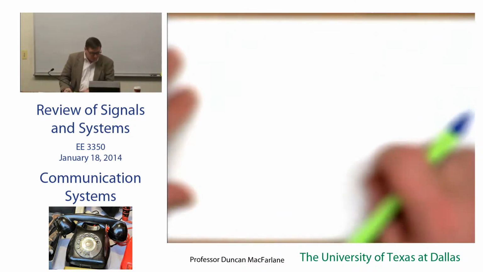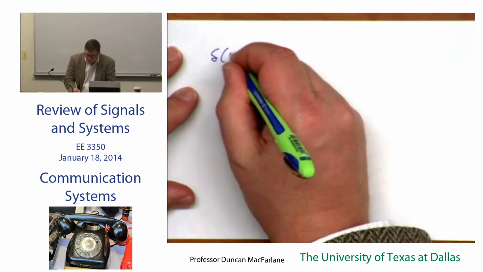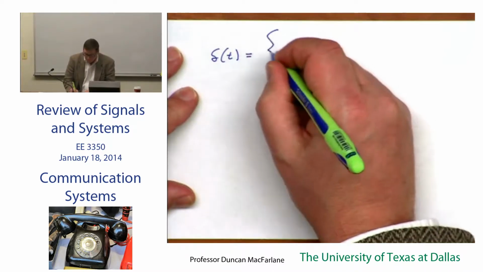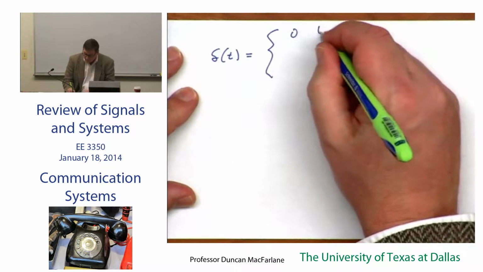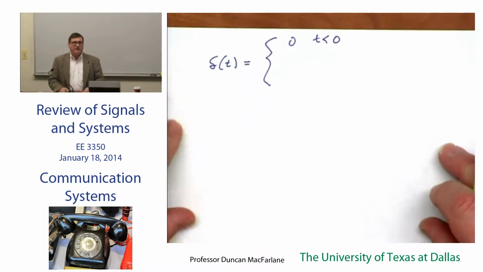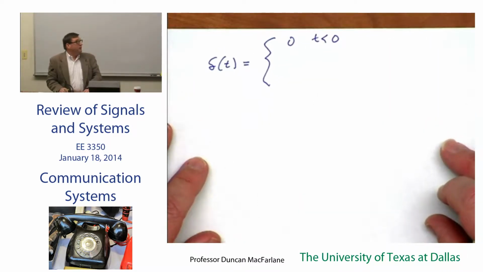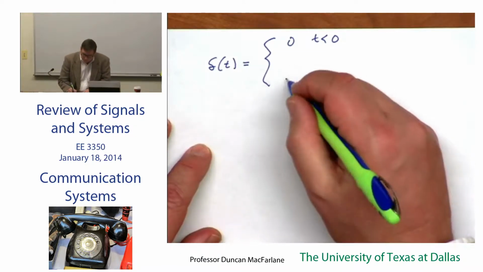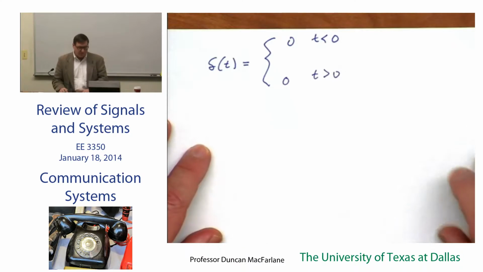If I have to define what a delta function is mathematically, one way of doing that is to point out that it's 0 if time is less than 0. It's also 0 if time is greater than 0.